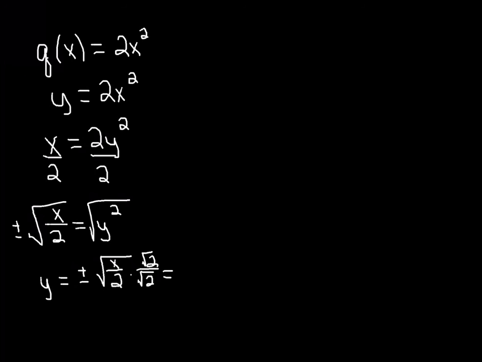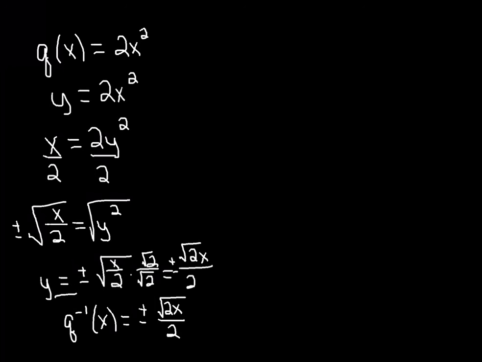This gives you 2 in the bottom, and in the numerator, the square root of 2x, and it would be plus or minus this. So our inverse of q of x is going to be equal to plus or minus the square root of 2x over 2. And you can't cancel these 2's because one's in the radical, one's not. So this would be the inverse of q of x.